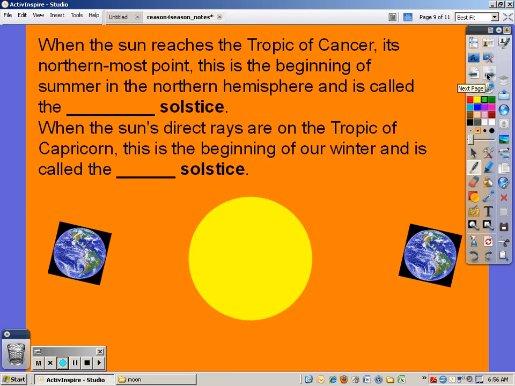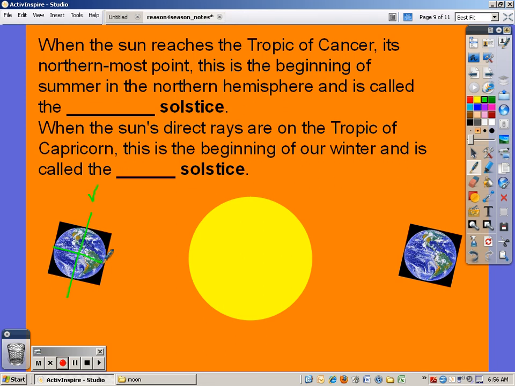When the Sun reaches the Tropic of Cancer, its northernmost point, this is the beginning of summer in the northern hemisphere. So that would be this depiction over here. Here's our axis. Here's our equator.